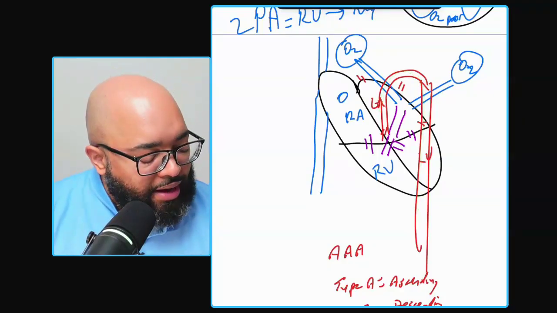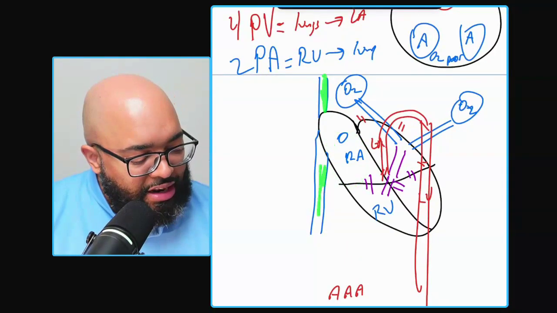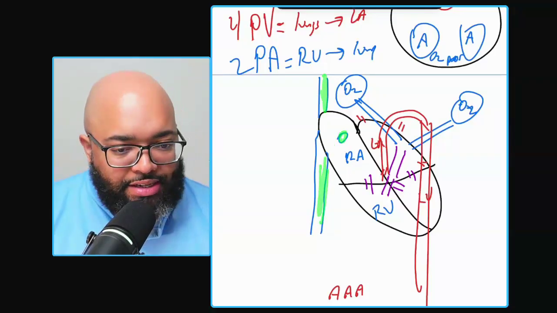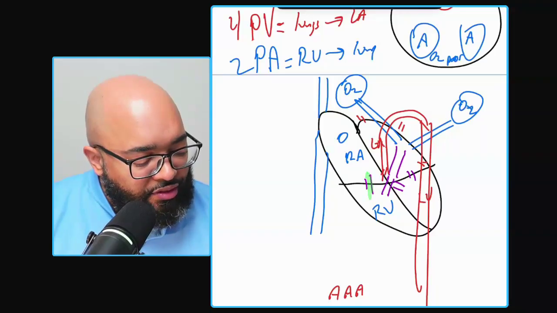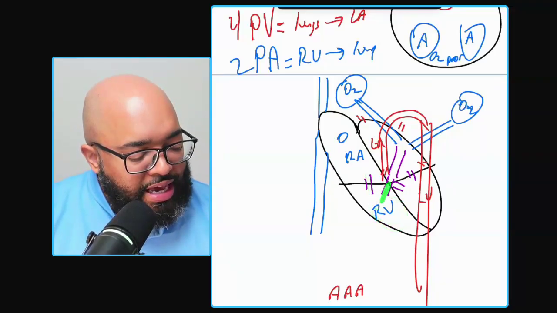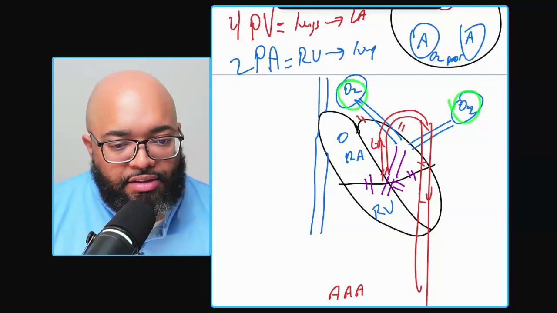Okay, let's run this back. Blood comes into the right atrium from three places: superior vena cava, inferior vena cava, and coronary sinus. It goes through the tricuspid valve, into the right ventricle, through the pulmonary valve, into the pulmonary trunk, into the left and right pulmonary arteries, into the left and right lungs.